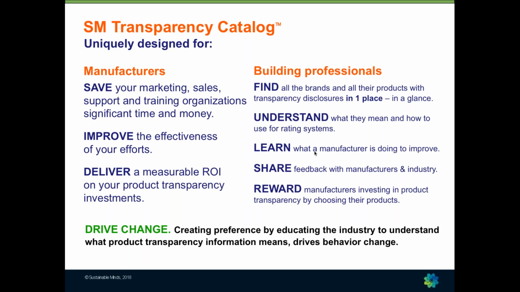So that, again, is the virtuous cycle, the loop. We're going to talk about closing the loop in a little bit, and rewarding manufacturers for providing this transparency information. And when all of this happens, we collectively will create the change that we're all working to create, which is to create a built environment that has less impact on the natural environment and human health.